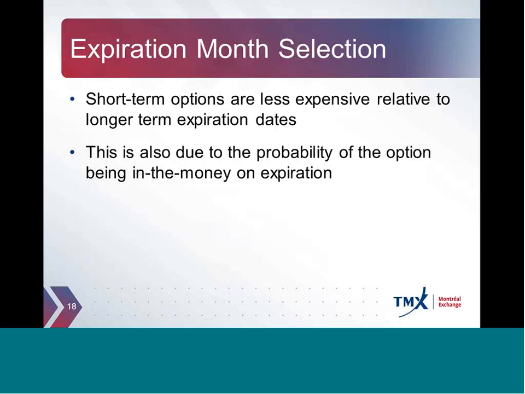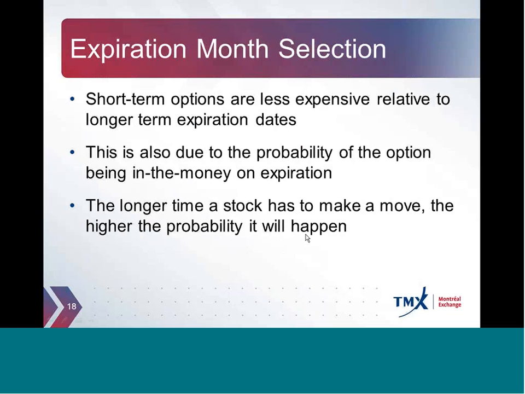In other words, the less time we give a stock to make a move, the higher the probability it's not going to make that move within the time frame. Let me rephrase that. The longer time we allow a stock to move, the higher the probability it will do so. And as a result, the options are priced accordingly.